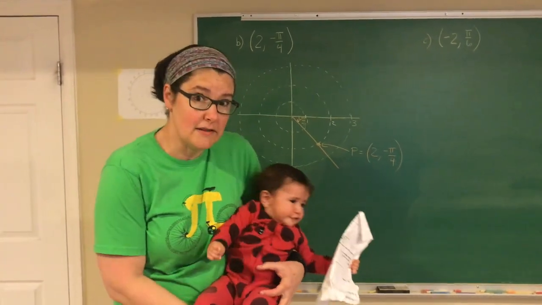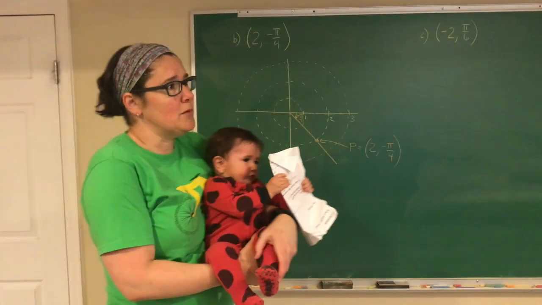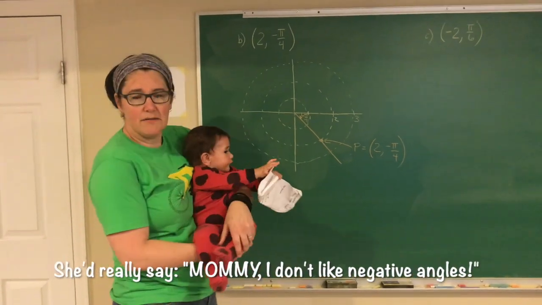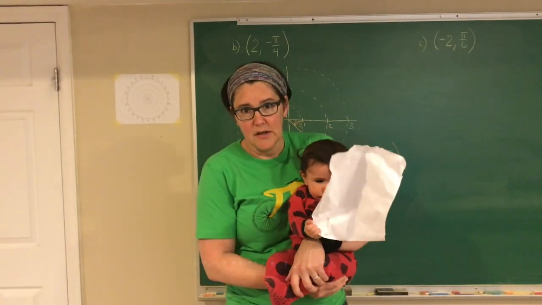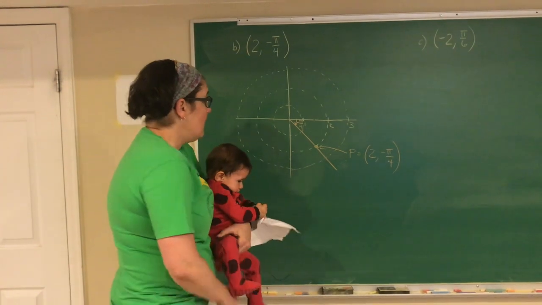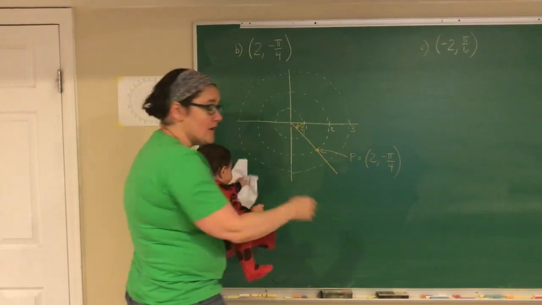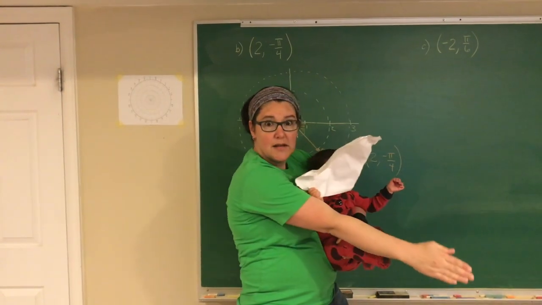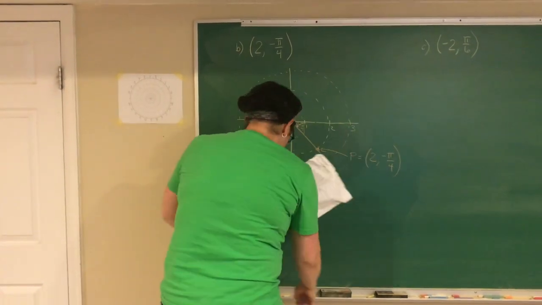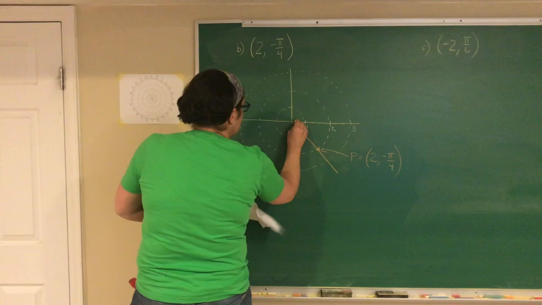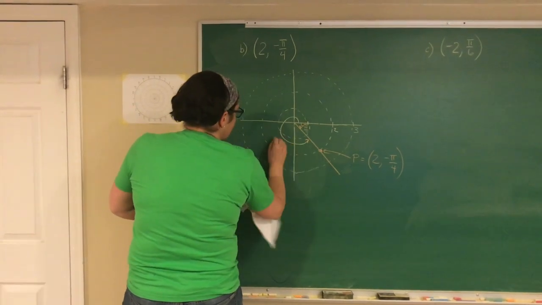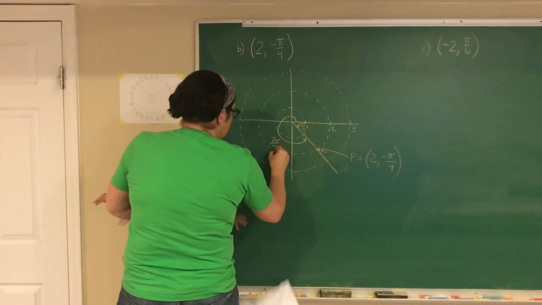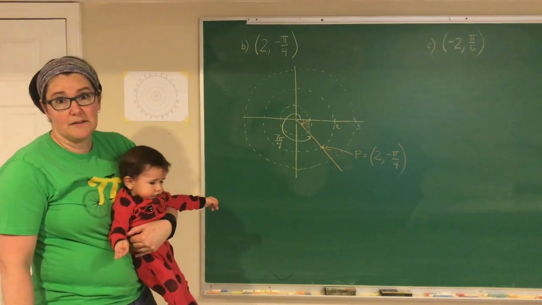Now, Ariana is a little bit upset about this because she says, well, Diane, I really don't like negative angles. In my opinion, when I think about this angle right here, what I think about is swinging counterclockwise. And when we swing counterclockwise, this particular angle is an angle of 7 pi over 4 radians.